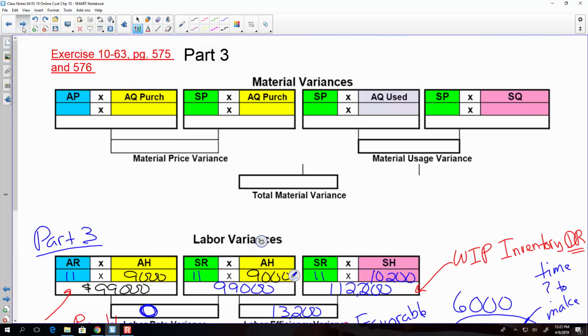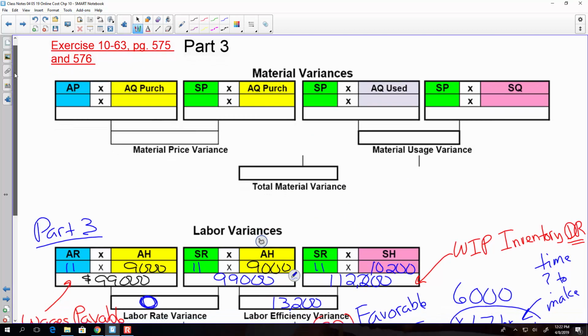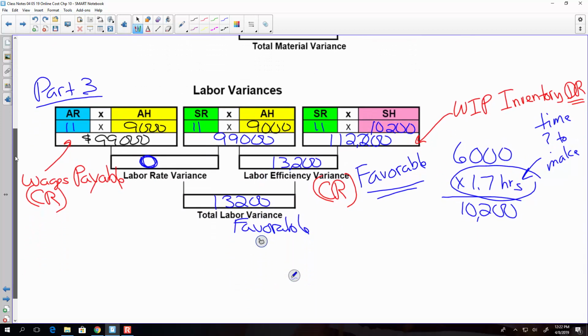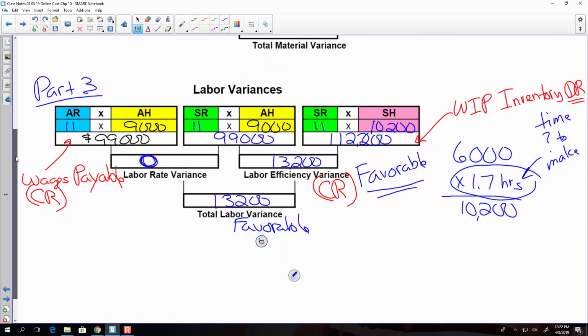Okay, one other concept I would like to talk about is, again, I'm going to use problem 63. In this case, part 3 talks about, well, something happened and they want to change the scenario. So in part 3, they give us new information, and I'm just talking about looking at labor.